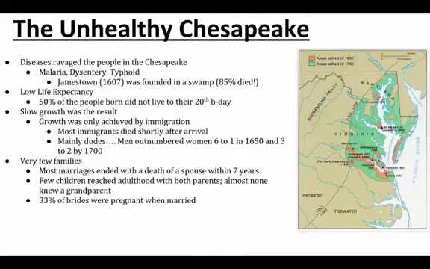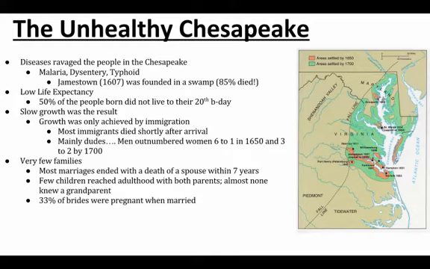We also see some very interesting social developments because there are not a lot of women. We pretty much have a society early on where you don't have too many families. By 1650, men outnumbered women 6 to 1, and by 1700, while the ratio had gotten better, it was still 3 to 2. Because we see very few families, this is going to have an impact on how the region develops.